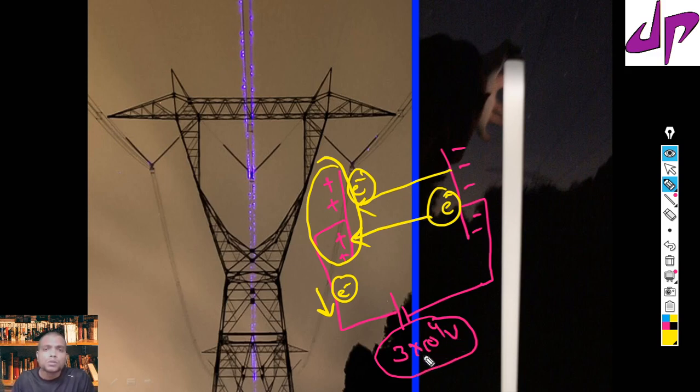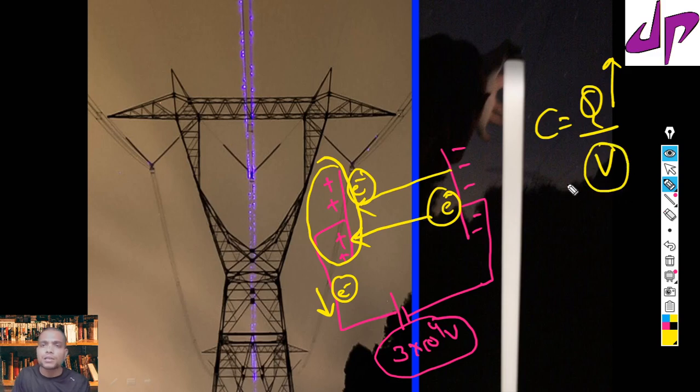So to reduce that effect, or to think in another manner using this formula, C is equal to Q upon V, to store more charge with a small potential difference, the capacitance of a capacitor should increase.